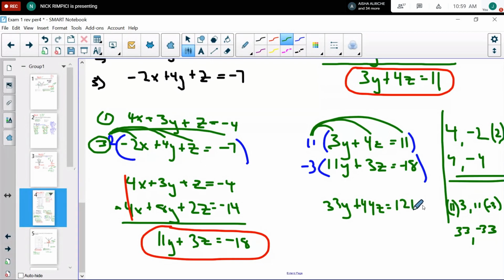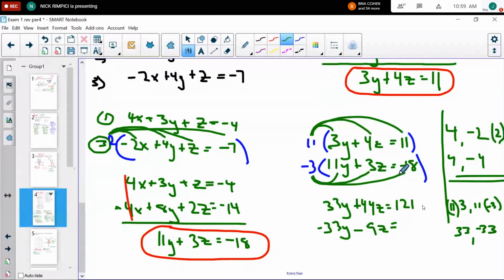So we're okay there. Down here, we have negative 3 times 11, which is negative 33y, which is very helpful. Then negative 3 times positive 3z, that's negative 9z. Okay, we're looking good. And then negative 11 times negative 18.